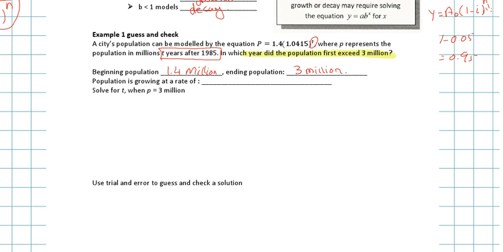Good. Now, what would be my growing rate? Anytime the question is asking you for a rate, it's asking you for a percentage. So it's asking for I. How would I find I?